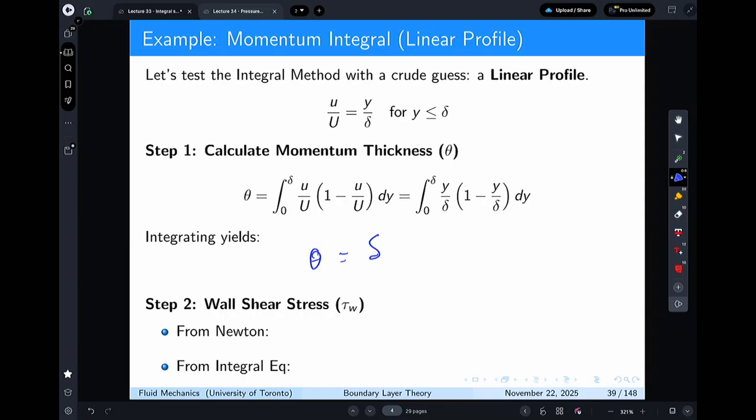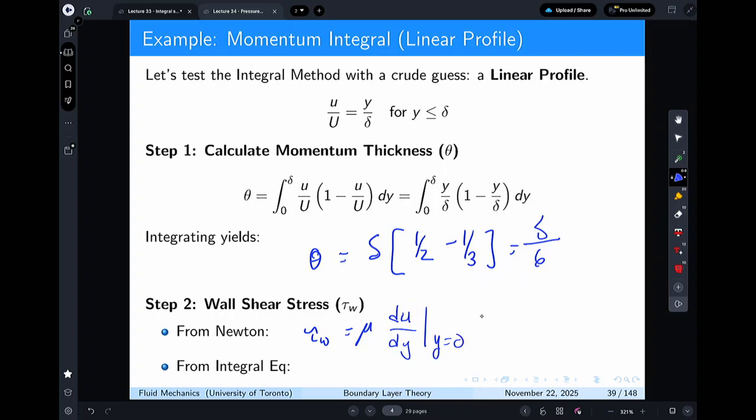If you do, you end up with theta equals delta over 6. Then you can do du/dy at y equals 0, which is mu U over delta for a Newtonian stress.